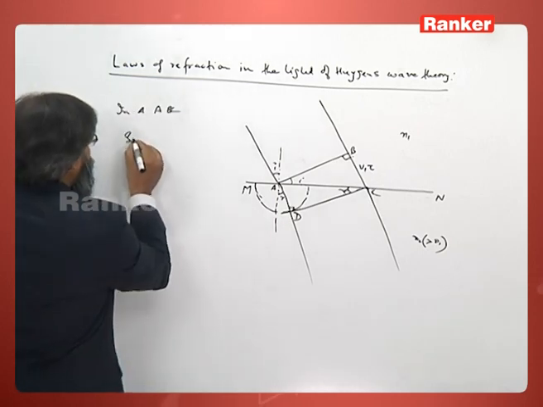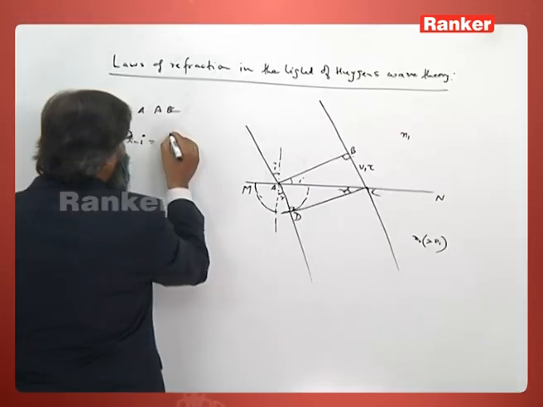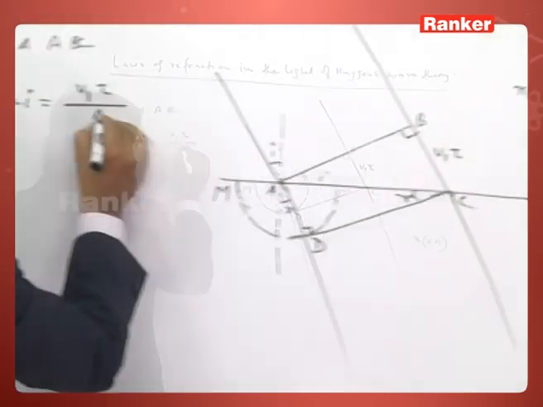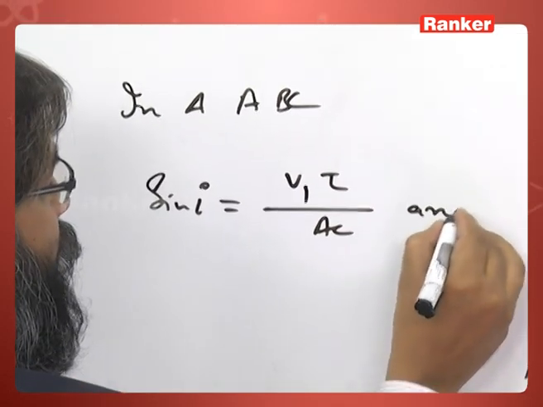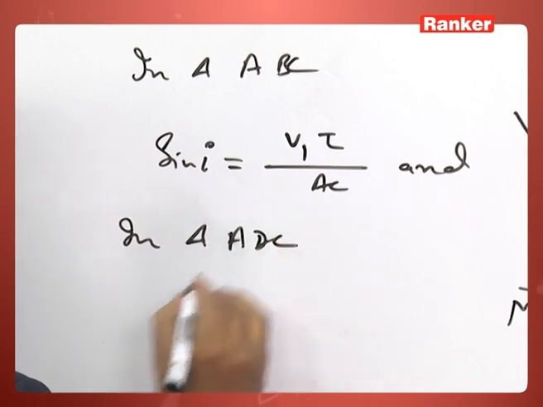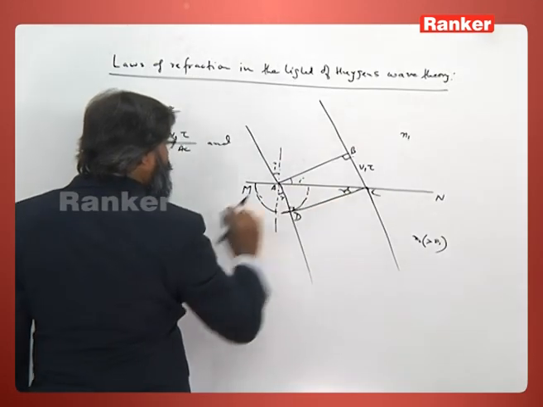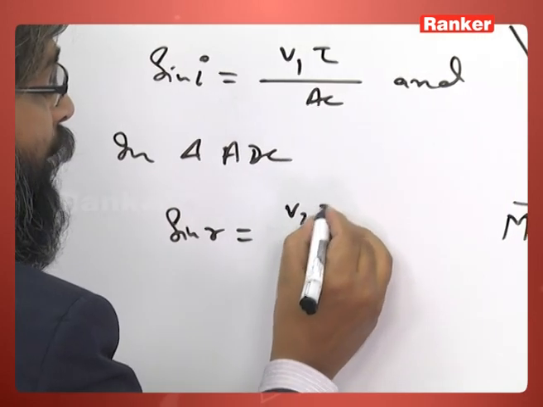Sine of I is V1 tau by AC. And in triangle ADC, we have sine of R. Sine of R is AD, that is V2 tau.